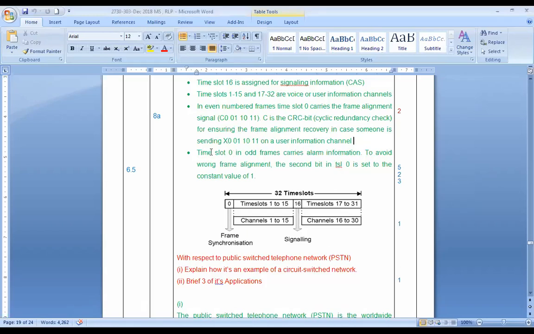So time slot 0 in odd frames carries alarm information. This alarm information is, say, there was a wrong or extra packet, or that packet was not aligned properly after the packet that was just sent. In that case, this will raise a request.